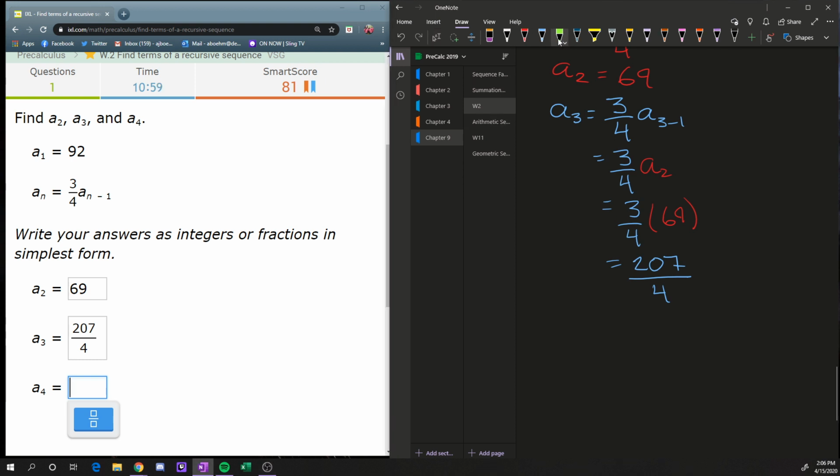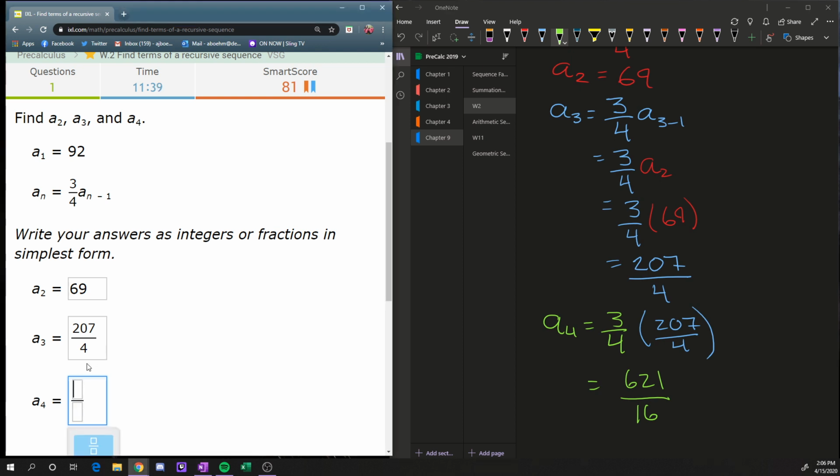All right, so I'll shortcut this just a little bit. So the fourth term is just 3/4 the term before it, which is 621 over 16. Okay, questions over how I got any of that?